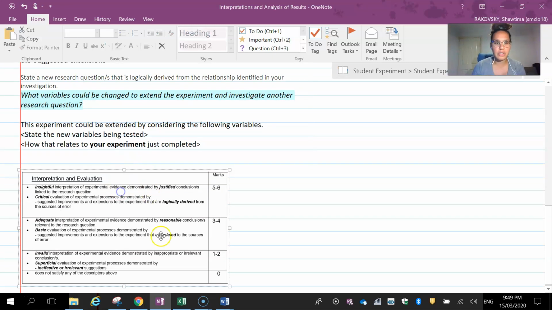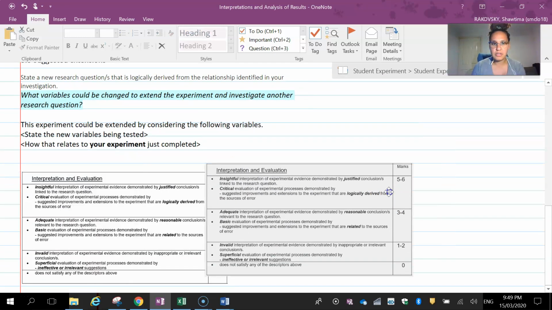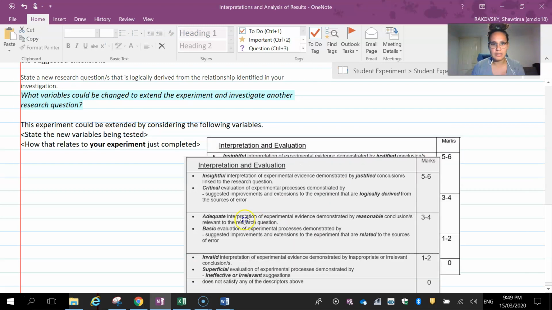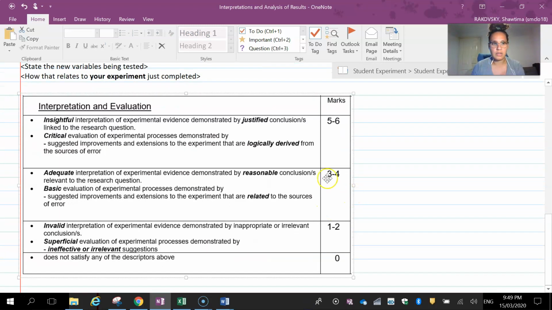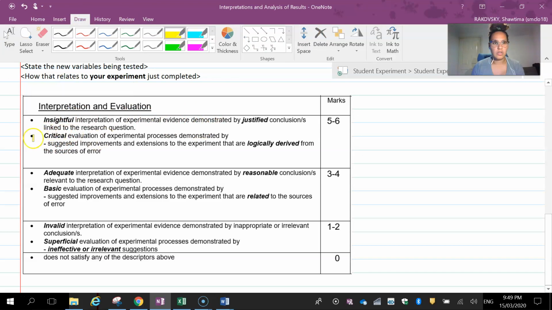Okay, so if we have a look here at our ISMG, I'm just going to make that a wee bit bigger. There we go. Okay, so we are looking at this section point here, draw. So this dot point here.